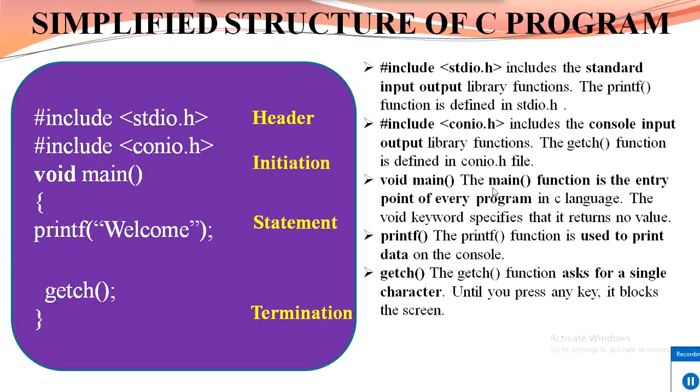Void main, the main function is the entry point of every program in C language. Here the programming starts. The void keyword specifies that it returns no value. The printf function is used to print data on the console, and the getch function is a single character reading function. Until you press any key, it holds the screen.